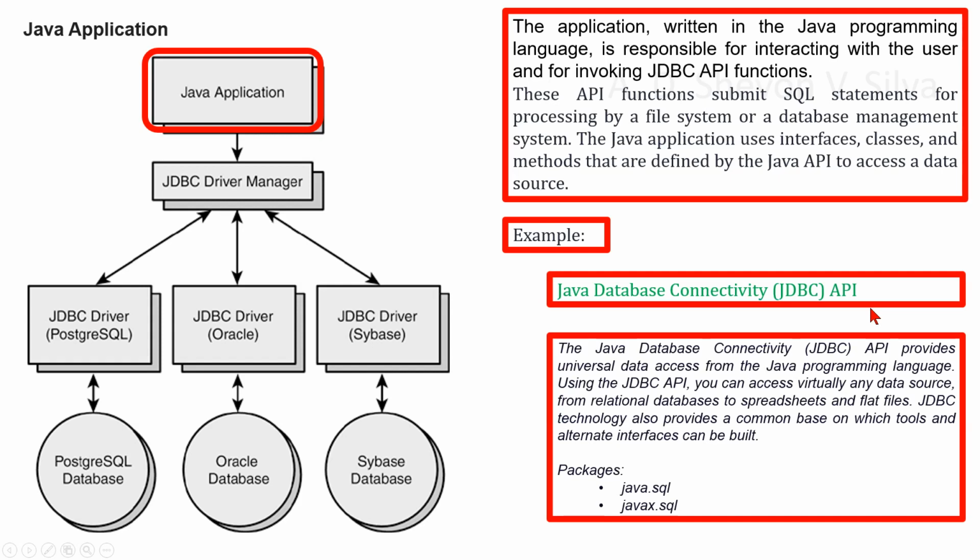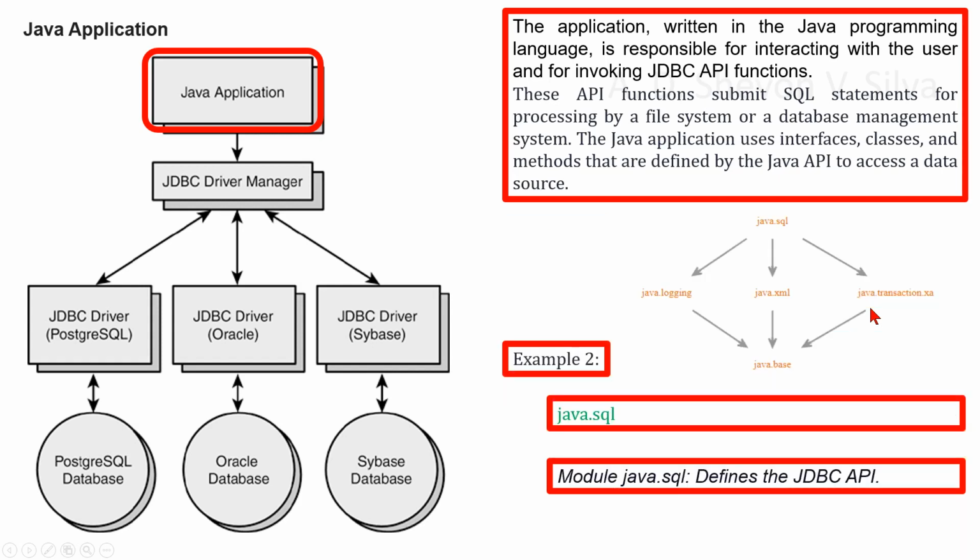Using the JDBC API, you can access virtually any data source, from relational databases to spreadsheets and flat files. JDBC technology also provides a common base on which tools and alternative interfaces can be built. Packages include java.sql, javax.sql.